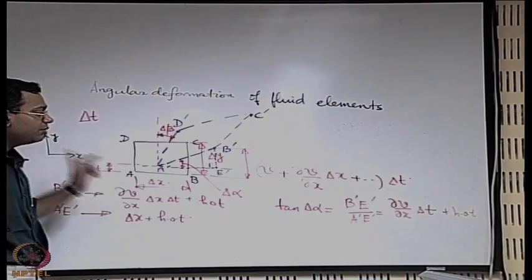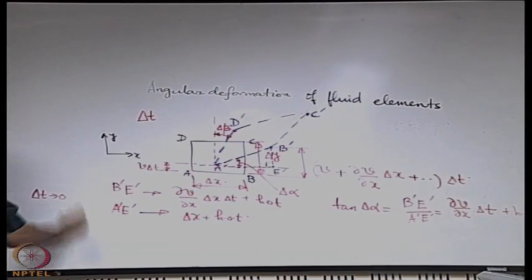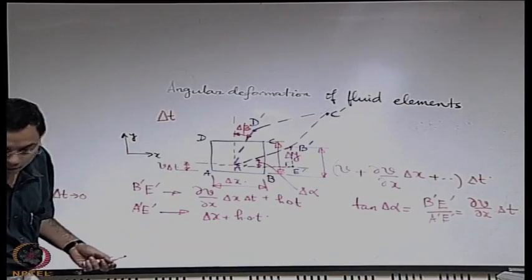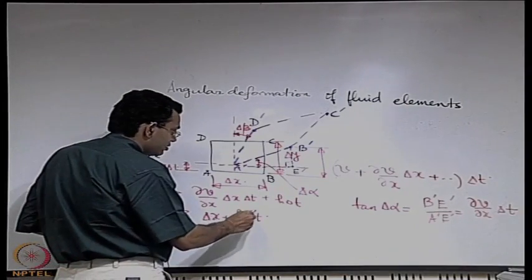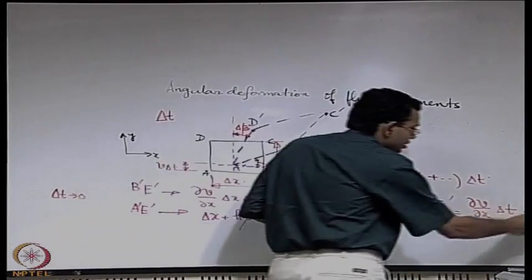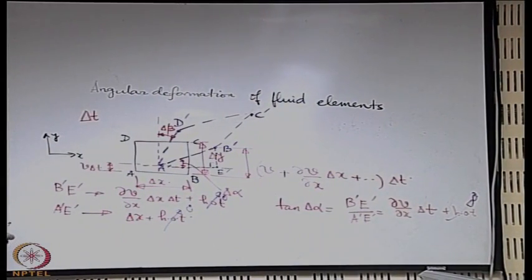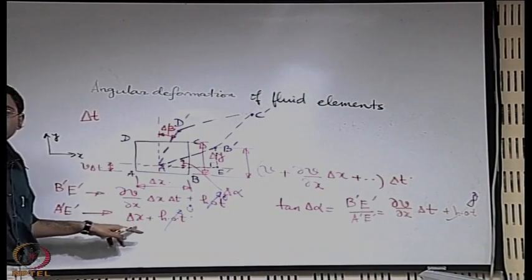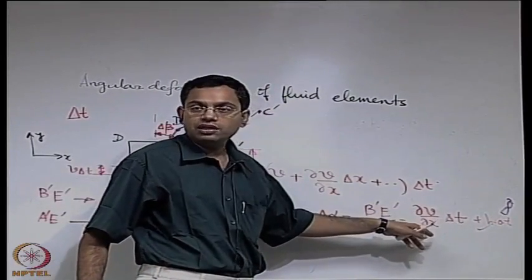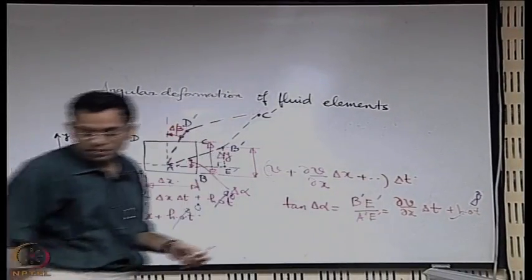It is like this is a negligible term. Remember, we are taking the limit as delta t tends to 0. When you are taking the limit as delta t tends to 0, this higher order term is tending to 0, this higher order term is tending to 0, this higher order term is also tending to 0. So effectively in the denominator you are left with only delta x, in the numerator you are left with only this term, other terms are vanishingly small in comparison to this dominant term.